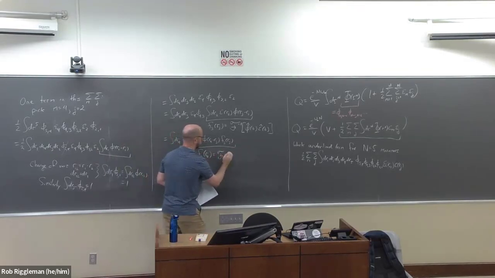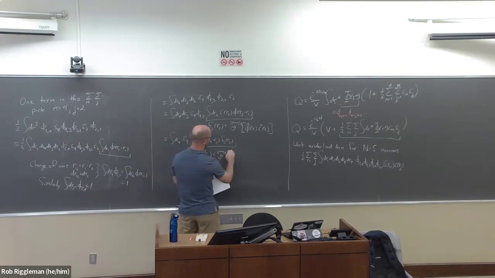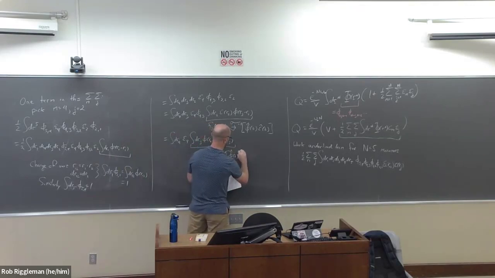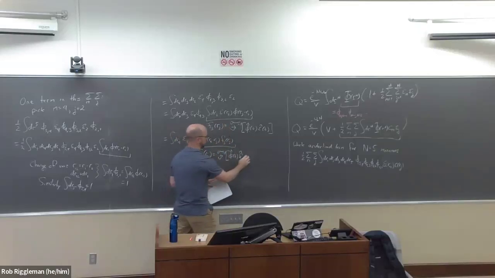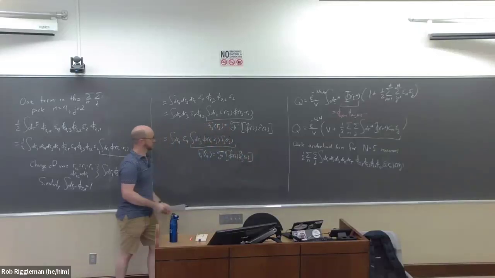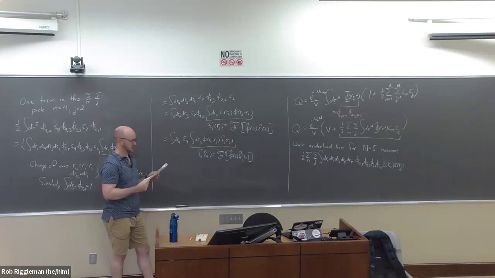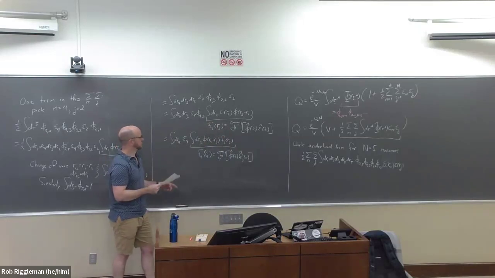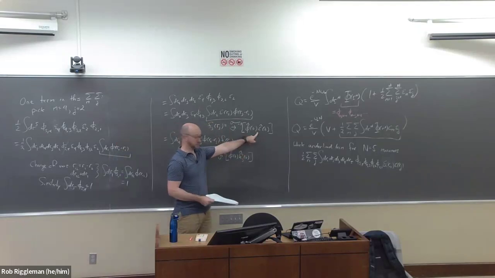And again, this is the inverse transform of phi hat of k times f3 hat of k. And this thing is just the argument of this Fourier transform.